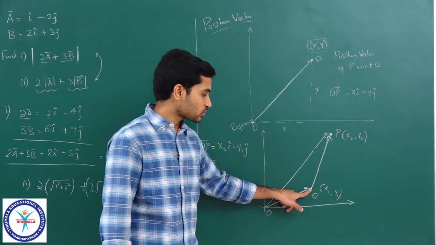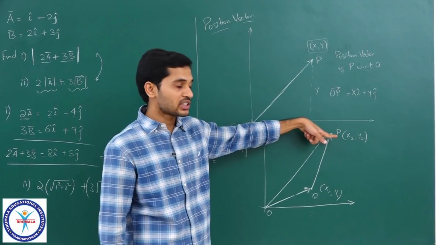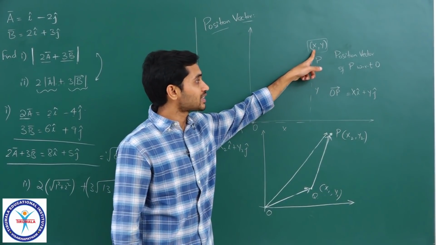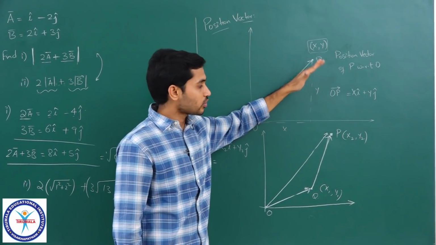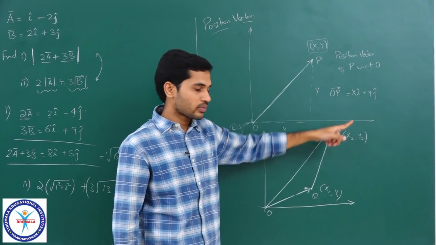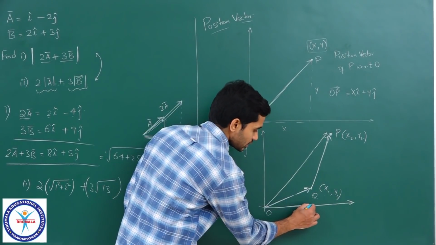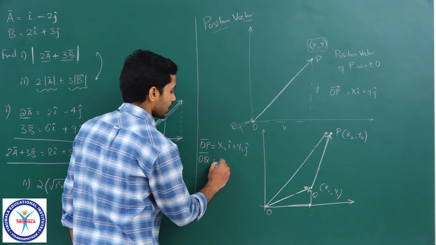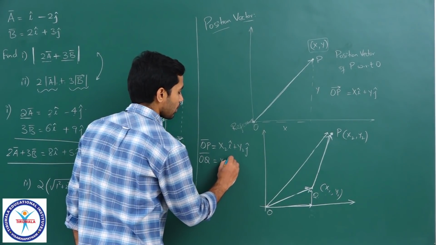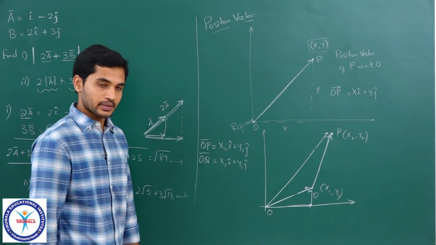The coordinates of this point is x1 comma y1. So if I use the same logic which I have used earlier, if the coordinates of a point is x comma y, then the position vector with respect to origin is xi cap plus yj cap. So for x1 comma y1, what will these components be? That will be x1 i cap plus y1 j cap, correct?